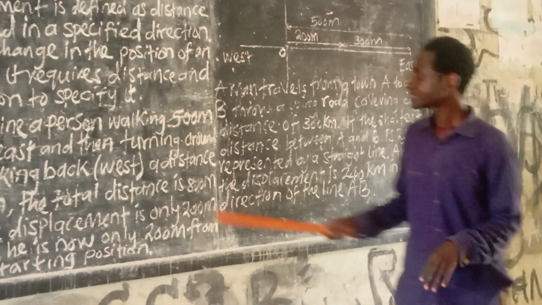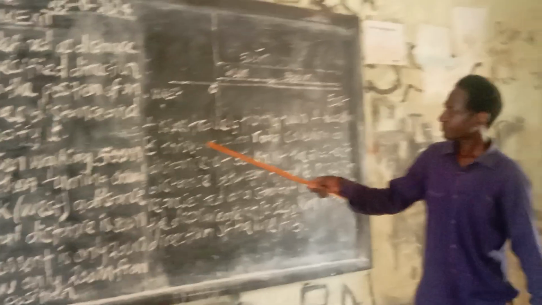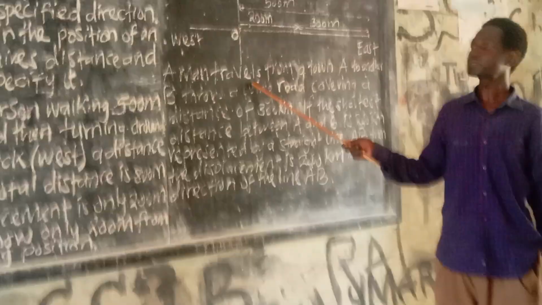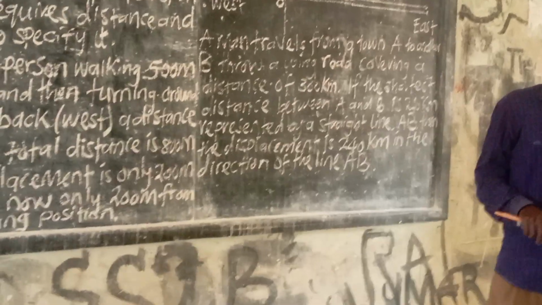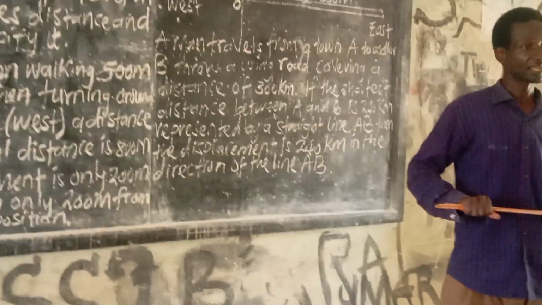While the second one indicates that a man travels from town A to another town B through a winding road covering a distance of 300 kilometers.